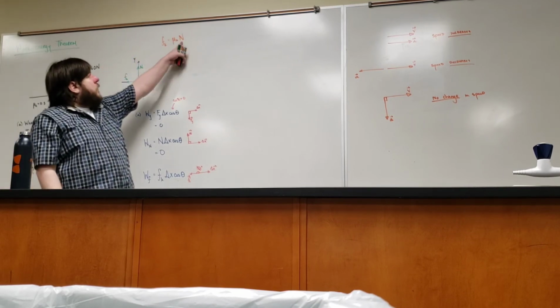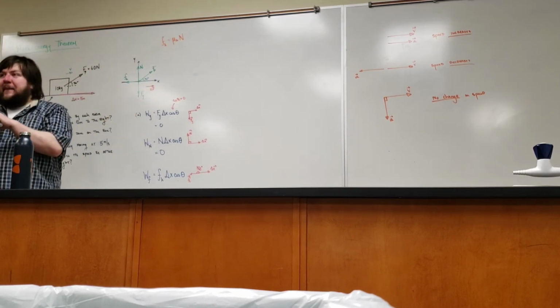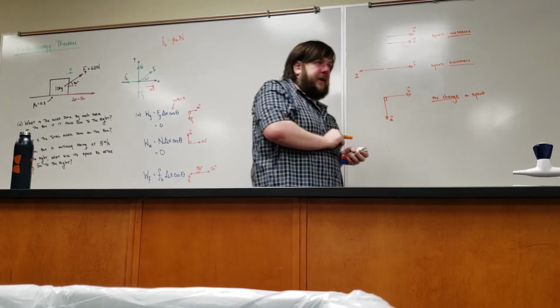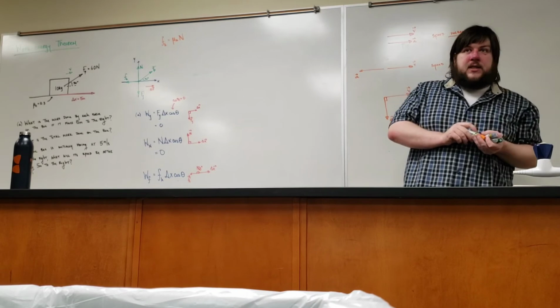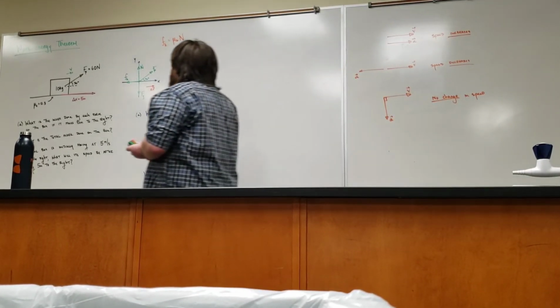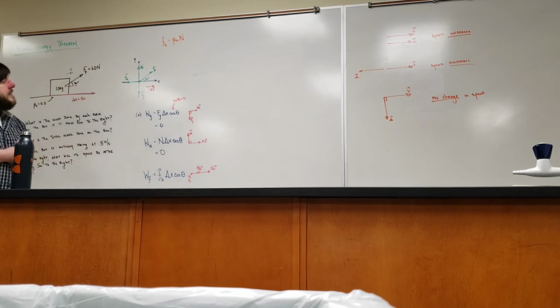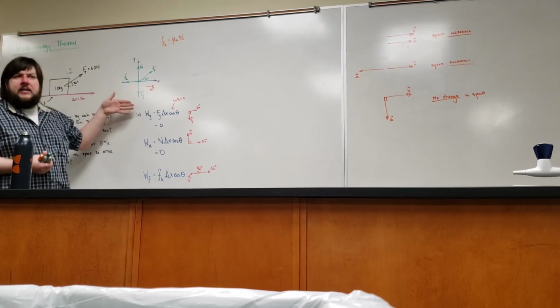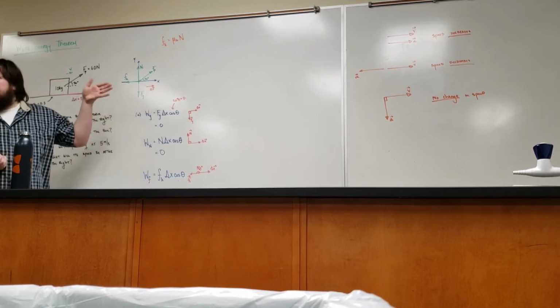Now, we don't know the normal force either. Is the normal force adaptive or non-adaptive? Adaptive. How do we solve for adaptive forces? Newton's second law, okay? Newton's second law tells us that the forces along the vertical direction should be what? Balanced or unbalanced? Balanced.